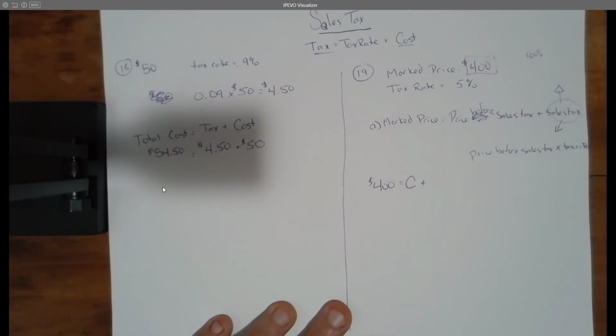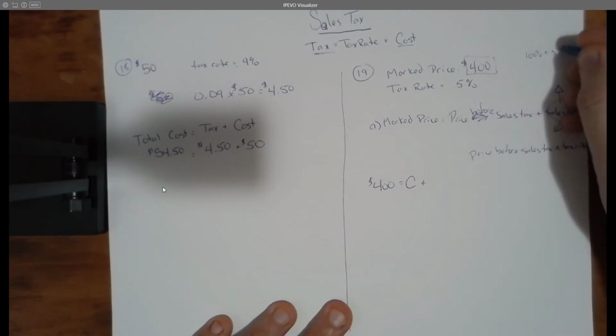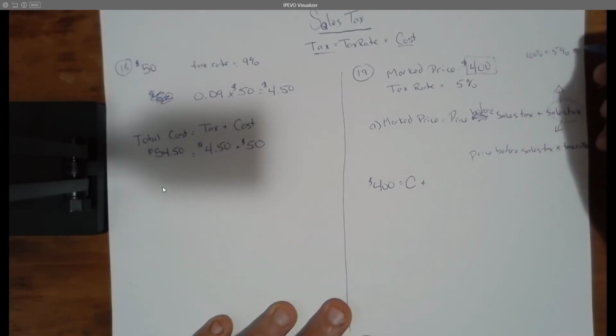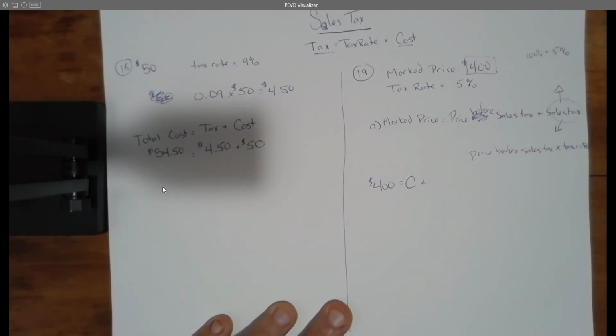Well, that was because discount is less than the original price. Tax is more. So instead of subtracting, we actually have to add the tax rate to our original price to figure out the percentage here, the tax rate, including the price before the sales tax.